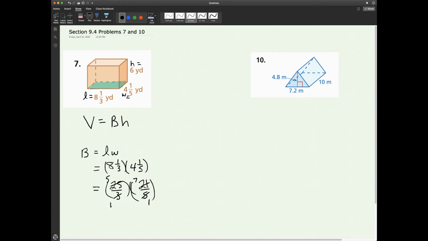That becomes 7. So really, all I have to do is multiply the numerators. 5 times 7 is 35, and 1 times 1 is 1. So 35 divided by 1 is 35, and this would be yards squared. That is the area of my base.